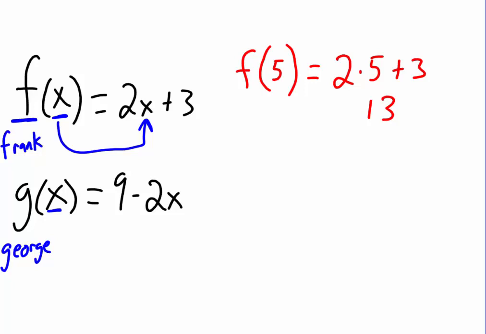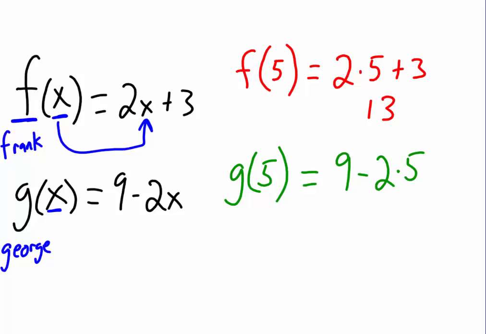Okay, but then you got the Uncle George. And Uncle George, if you gave him $5, he would say, hey, I'm going to give you 9 minus 2 times whatever you gave me, so 2 times 5.